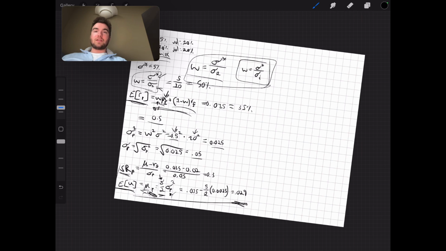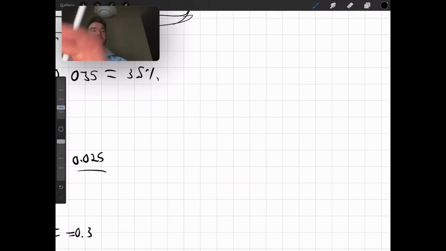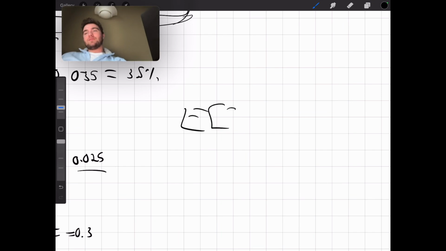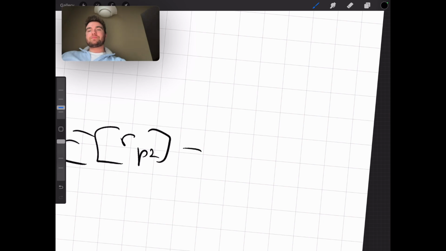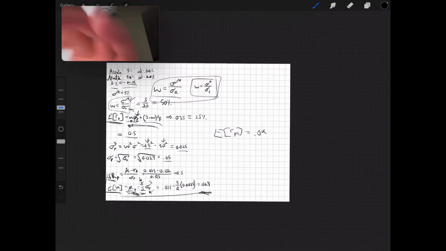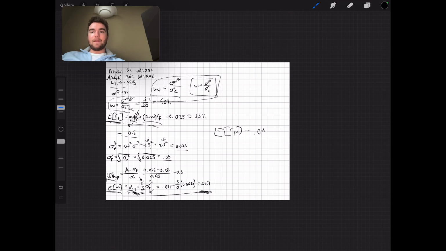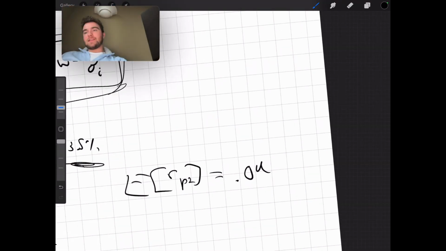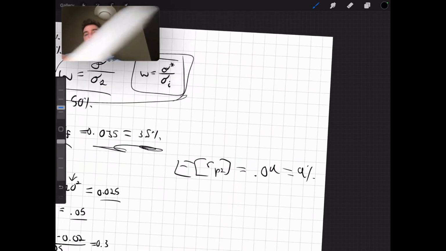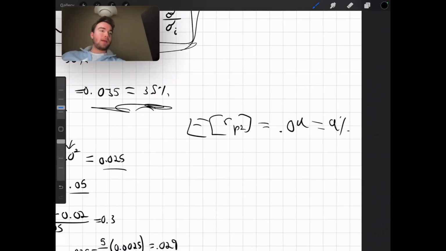And I'm just going to give you the answers for portfolio 2. The expected return of portfolio 2 is equal to 0.04, which does beat portfolio 1. That's 4%, this is 3.5%.